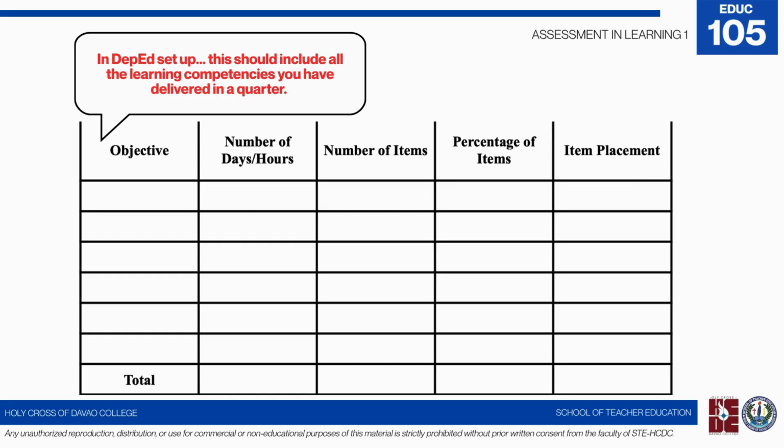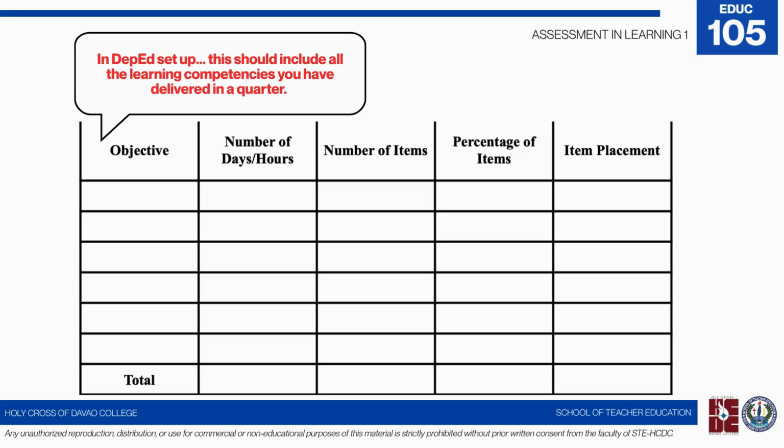This may be a tedious type of TOS. However, this will guide the teacher in making proportional items for those learning objectives that were delivered, depending on the given time.